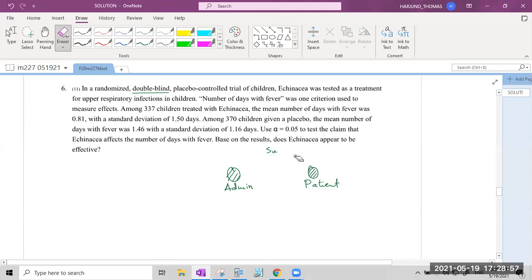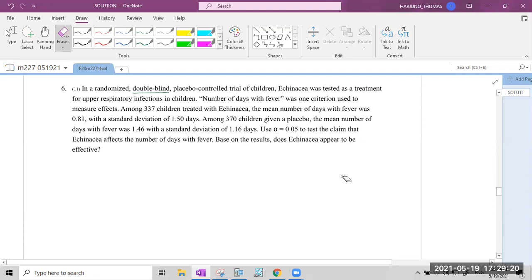So we compare that to those people who don't get the medicine but are given a fake medicine, let's say some kind of flour inside the capsule, and see the type of effect.